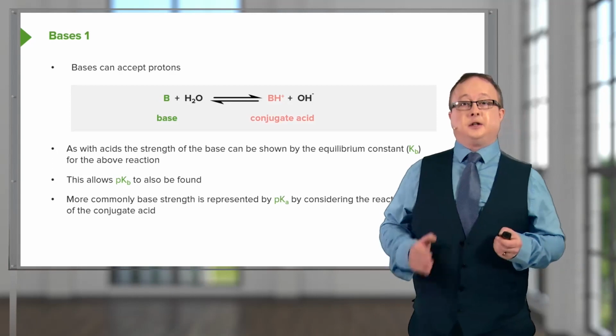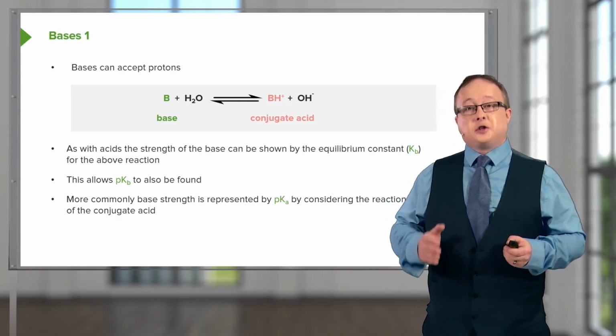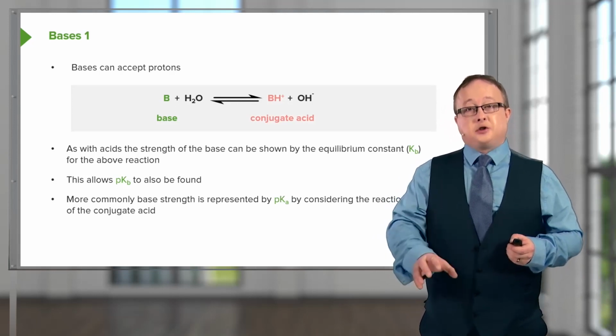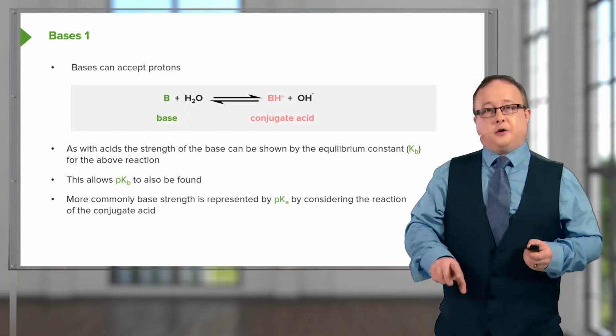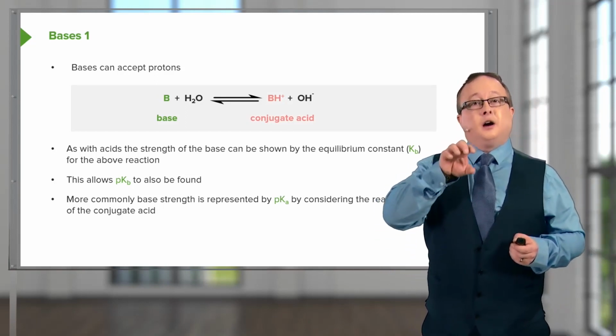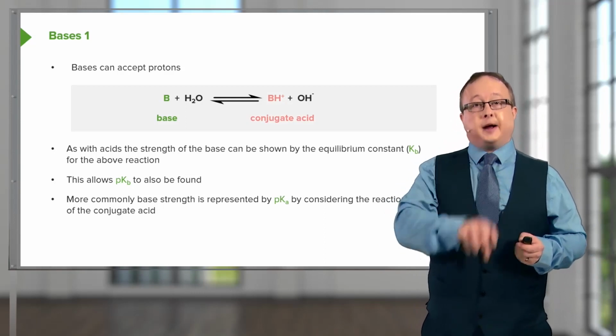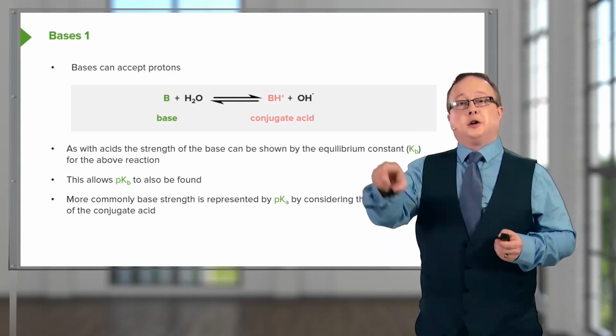However, and this is something to bear in mind, more commonly you will find that in the interests of clarity, a base strength is actually measured by pKa. Now, contrary to understanding, this is not the loss of a hydrogen or a proton from the base. This is the loss of the H+ from the formed conjugate acid.